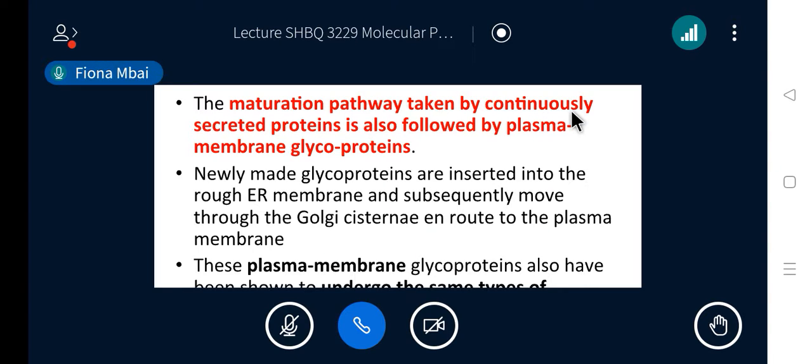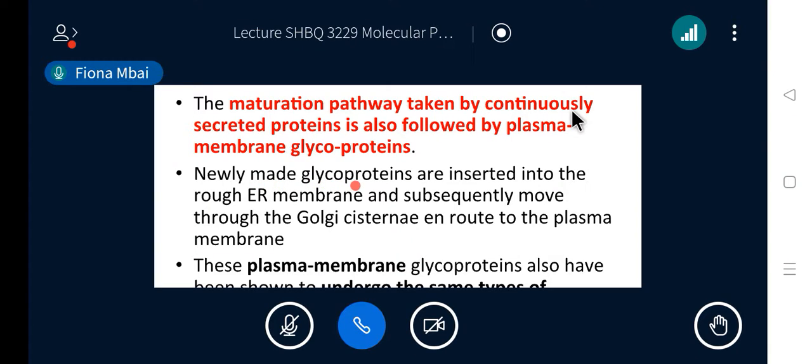So the plasma membrane glycoproteins mature via the same pathway as continuously secreted proteins. I think we did this slide before. I just put it in just to remind you. The maturation pathway taken by continuously secreted proteins is also followed by membrane glycoproteins. Remember the integral membrane proteins that are stuck into the plasma membrane.